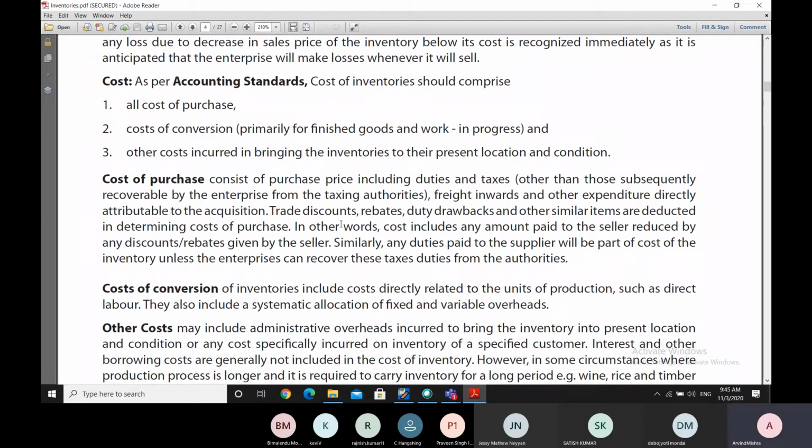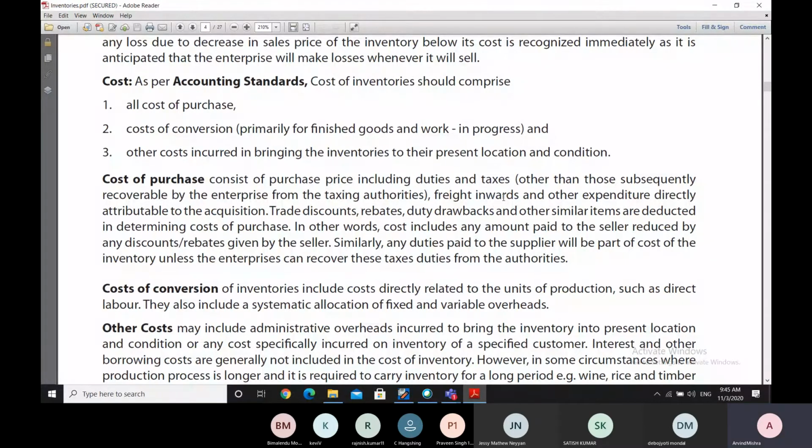So cost of purchase, we all know very well, but let us understand the components of cost of purchase also. In the cost of purchase, duties and taxes will also be included, other than those duties and taxes which are recoverable from the taxing authorities or which are given back to the business due to some duty drawback scheme or something. Then freight inwards would also be part of the cost of purchase.